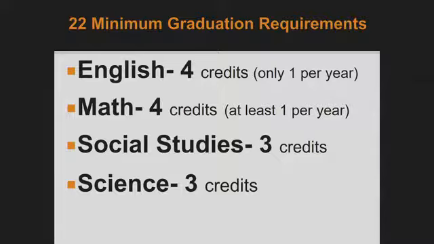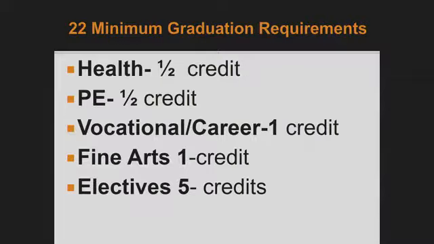Students must also have 4 credits in math, 3 credits in social studies, 3 credits in science, 1/2 credit in health, 1/2 credit in PE, a vocational and career credit, which we'll talk about on a future slide, a fine arts credit, also discussed on future slides, and then electives to round out the 22.